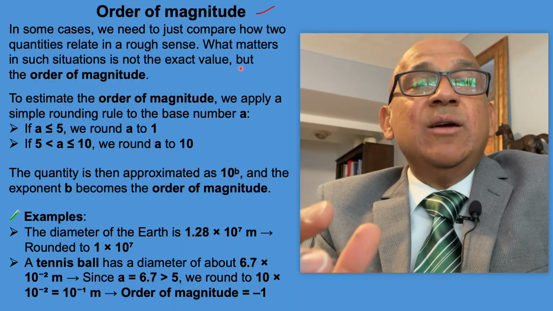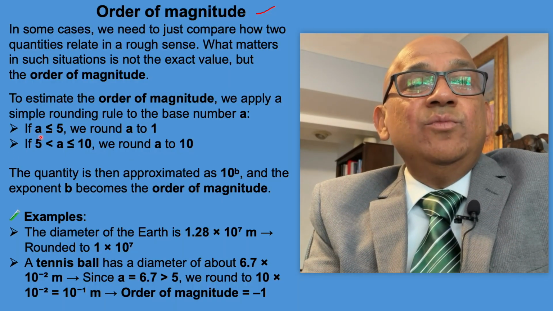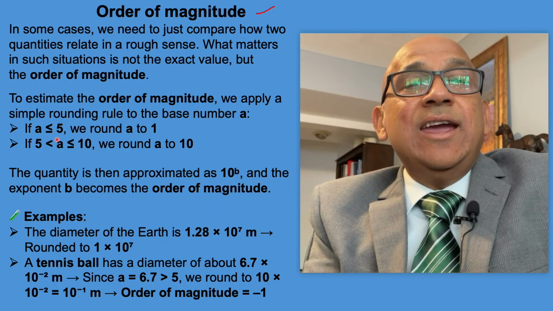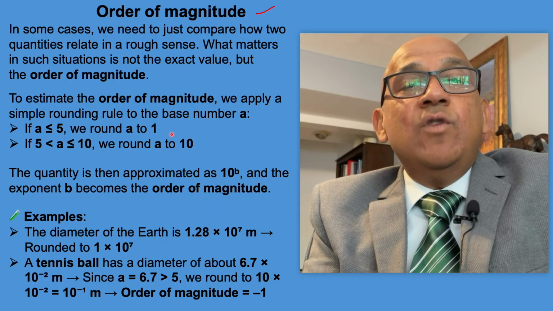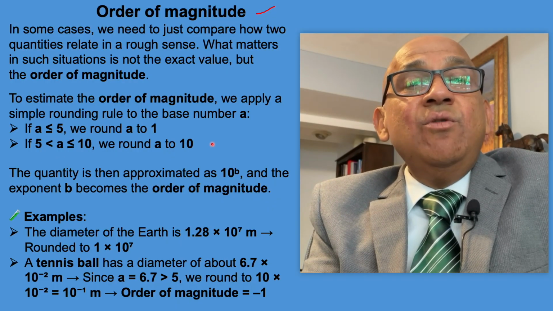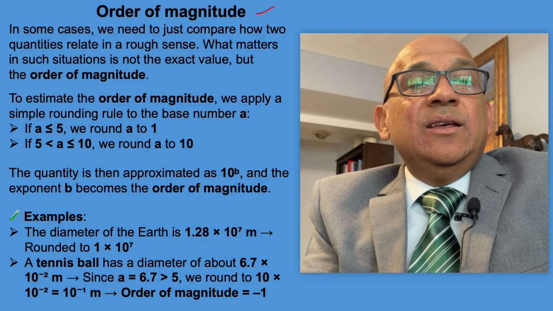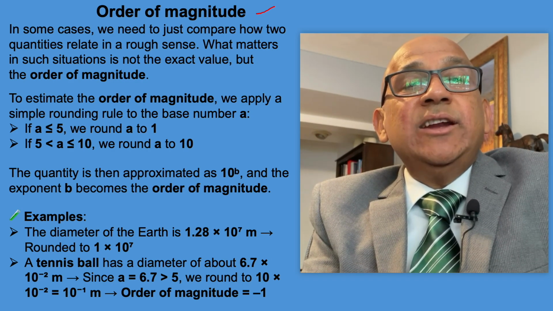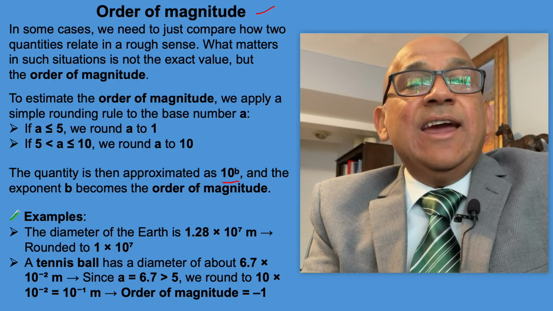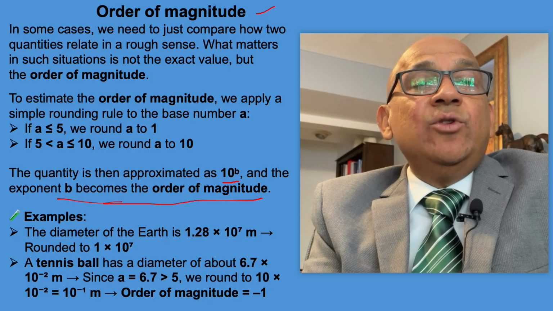For doing such estimation, we assume that if a is less than or equal to 5, we round a to 1. And if a is between 5 and 10, we round a to 10. So in this way, the quantity is then approximated as 10 to power b, and the exponent is called the order of magnitude.